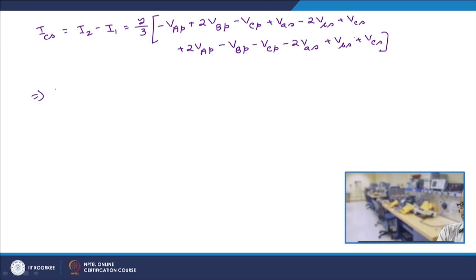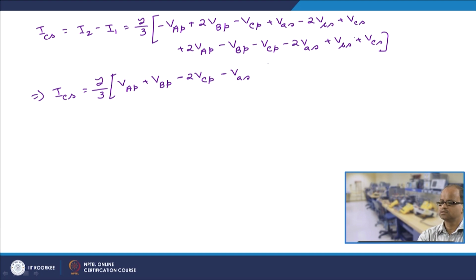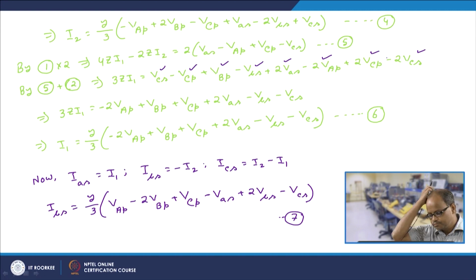So then therefore ICS is equal to Y by 3 into VAP plus VBP minus 2 VCP, then minus VAS minus VBS plus 2 VCS. So this is equation 8.